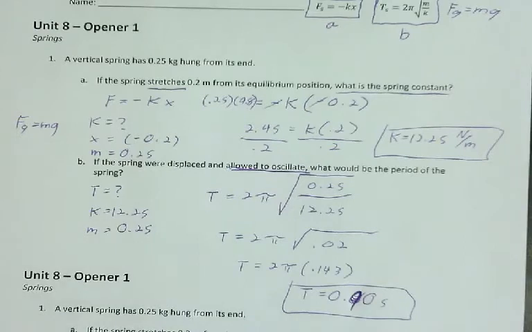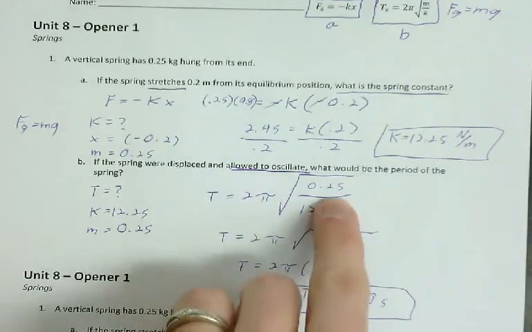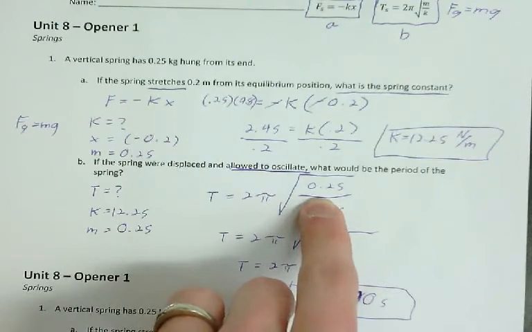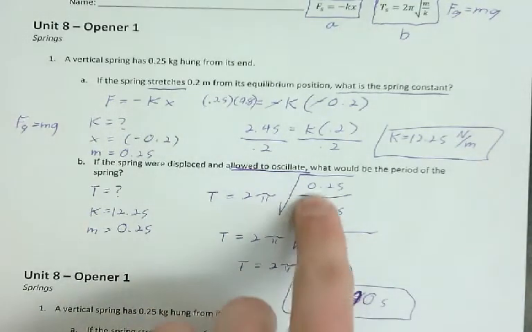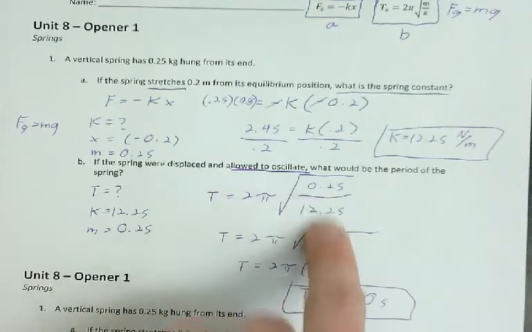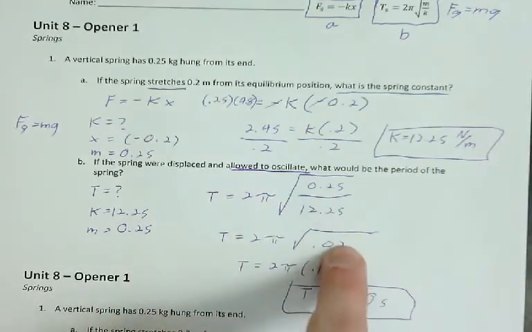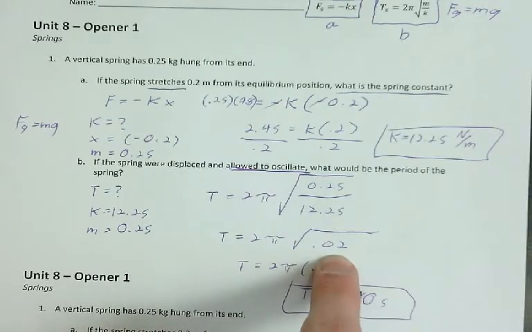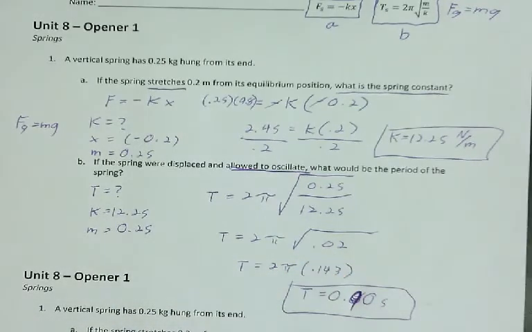We don't have to do that because I know everything under the square root. I only square everything if I don't know what's under the square root. So like if I was solving for mass, then I would need to square everything. In this case, I just do it on my calculator. So I divide those numbers first to get this number, and then I use my calculator to square root that number. So I didn't have to do any weird math, just the math that's there.